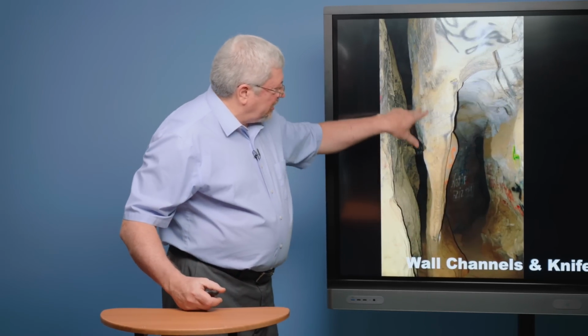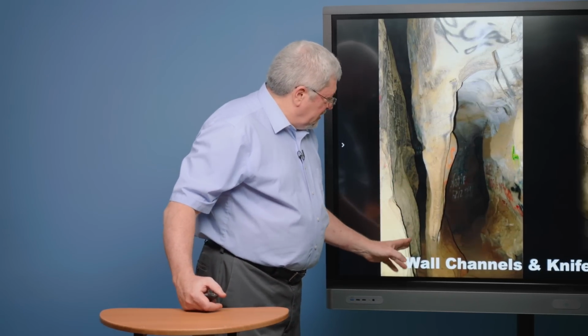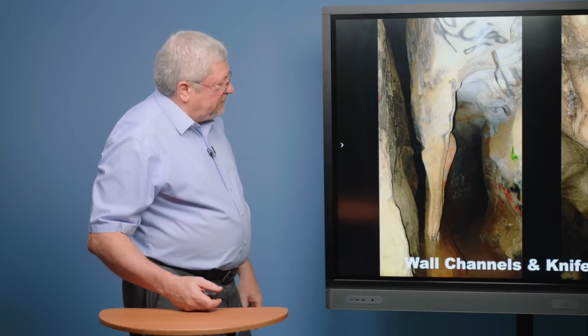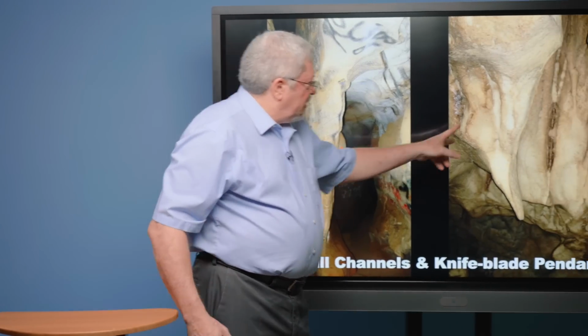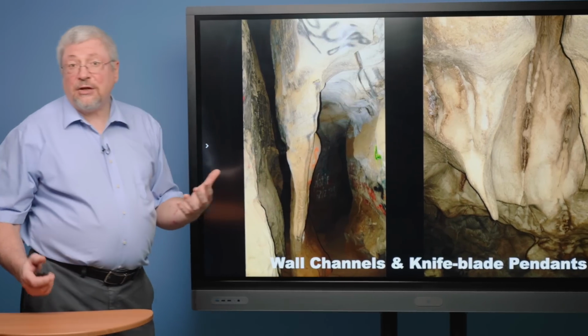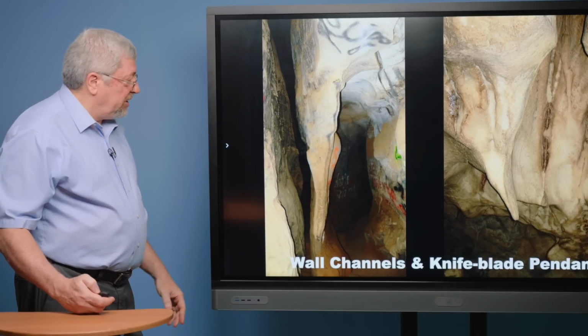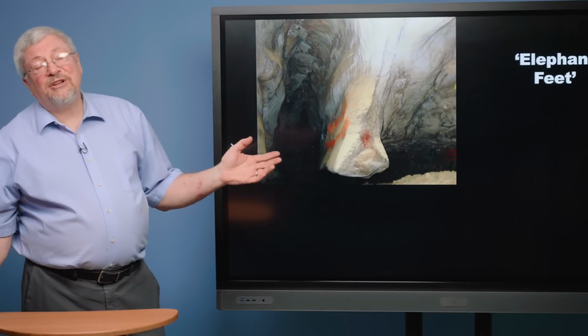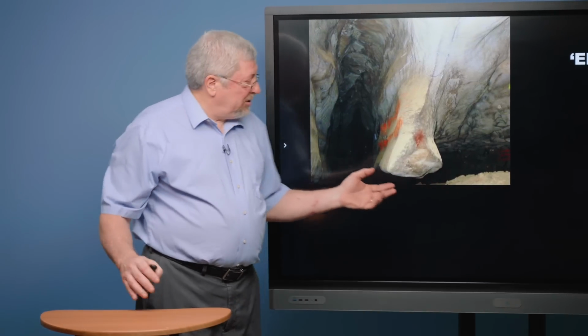Sometimes almost a knife-edged pendant is created by adjacent floor inlets. These knife blade pendants are very difficult to explain in other ways. It's very nicely explained by the rising acidic waters. And then a common feature that cavers are quite familiar with, what they call elephant feet.